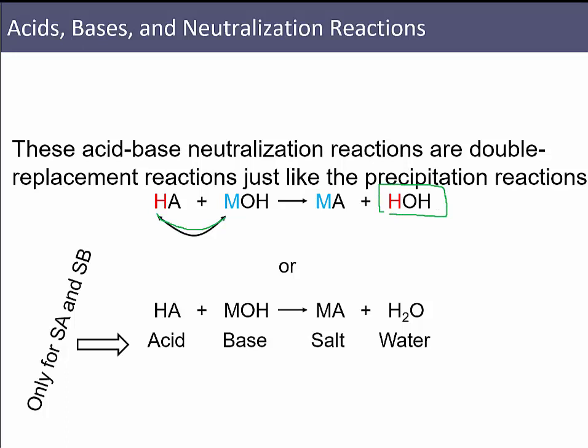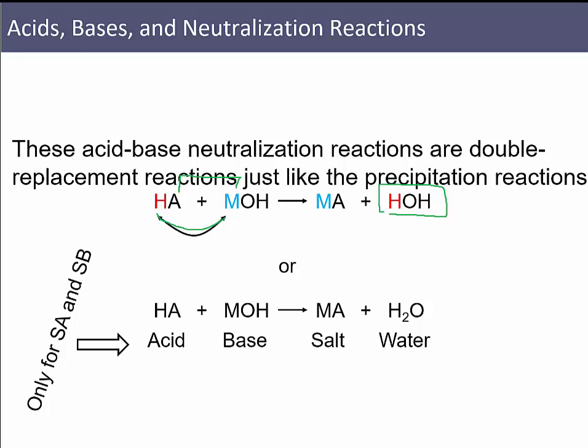So remember, our very simple definition of an acid is something that produces a proton, and our base is something that produces a hydroxide. We're going to end up with HOH as one part when they do their do-si-do, and then we'll end up with M and A as our other parts: whatever our metal is, and whatever the rest of our acid is.